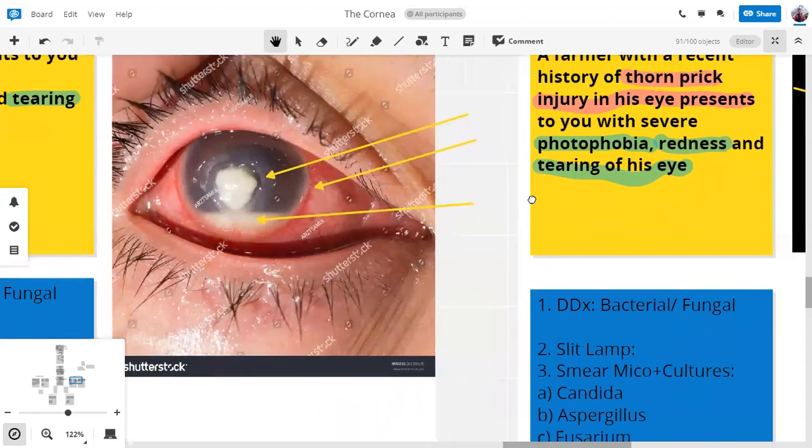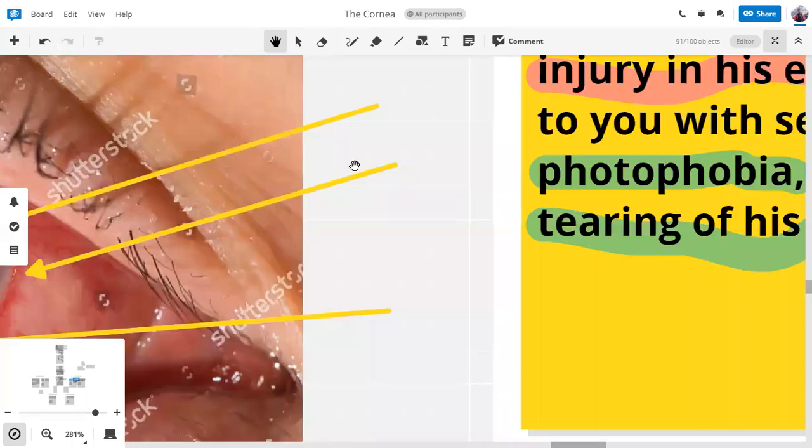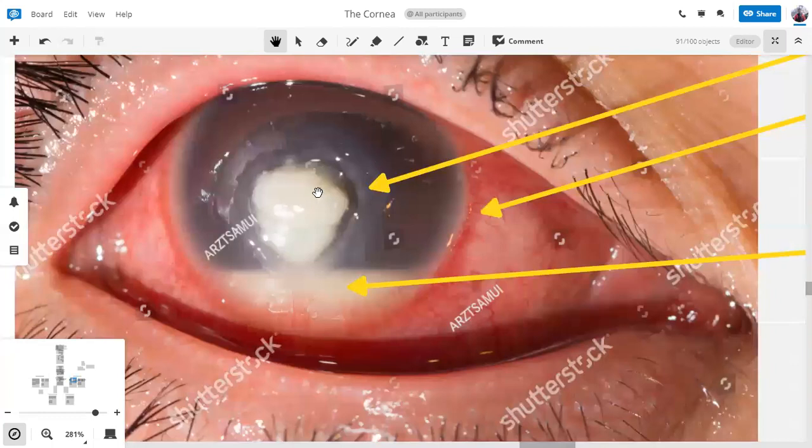In our first case, if you look closely, we can see a central corneal opacity with haziness surrounding it. It has luster. Luster means that whenever there's light shining on the object, it reflects light. And when we see an object which is said to have luster or a glow, it appears whitish, we see white dots, like reflecting.